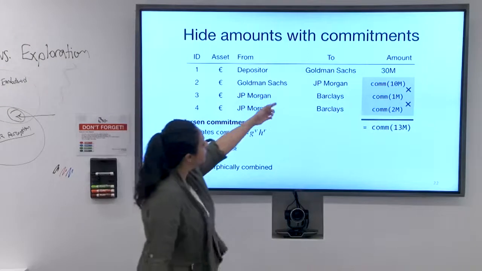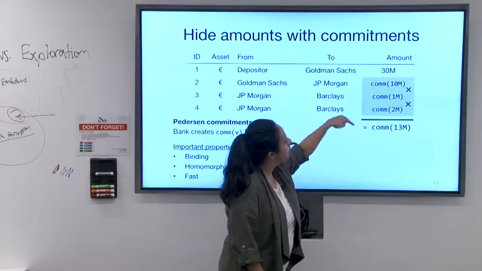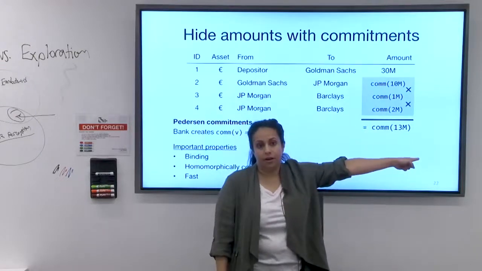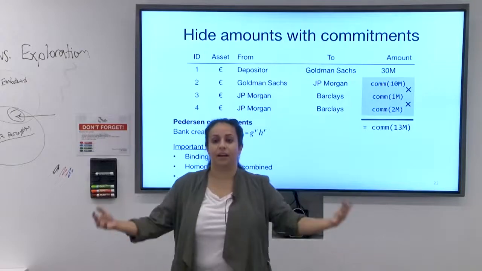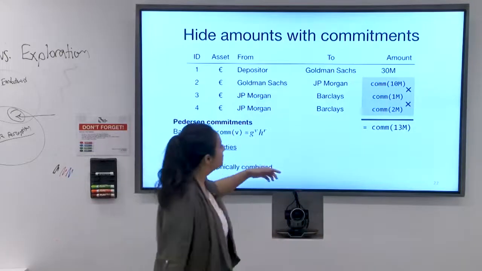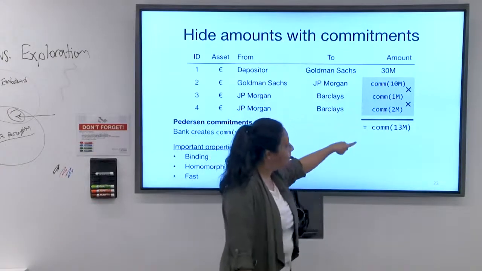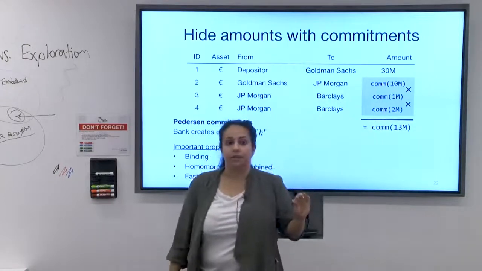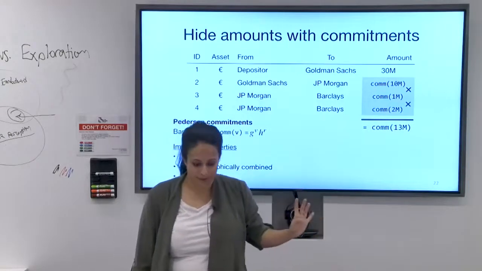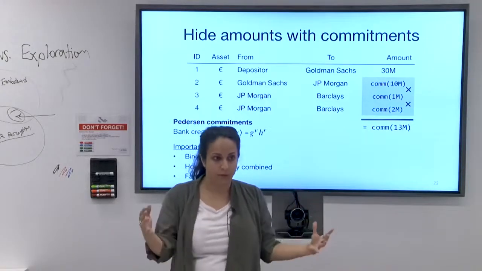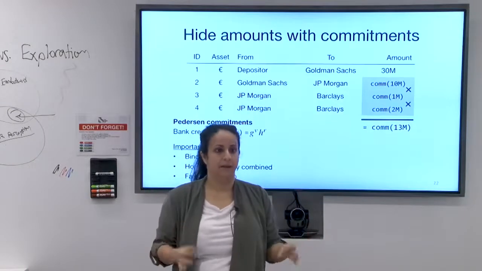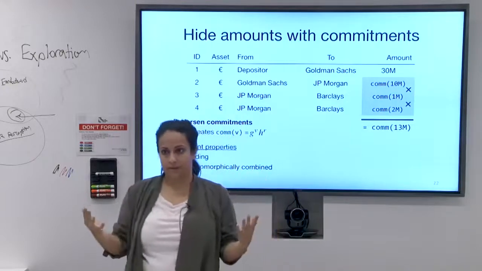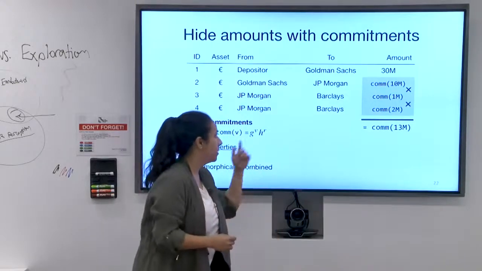If we have commitments to different values and we multiply them together, well, when you multiply things that are raised to an exponent, you end up adding the exponents, right? So by multiplying these together, we end up with a valid commitment to the sum of the values in the individual commitments. It ends up summing in the exponent, and we end up with a valid commitment to the sum of the values.